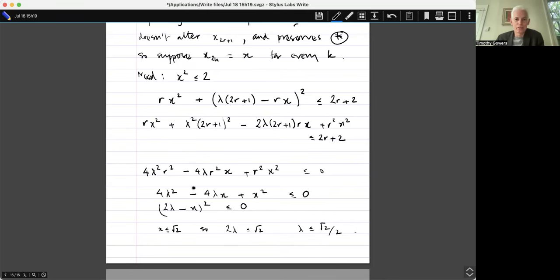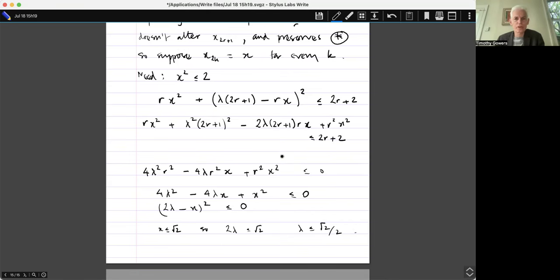My belief is that if lambda is bigger than square root 2 over 2, then pick a very, very big R, then this inequality will be violated if it's also violated when we just ignore all the terms that are linear and constant in R. So we just keep the R squared terms here.